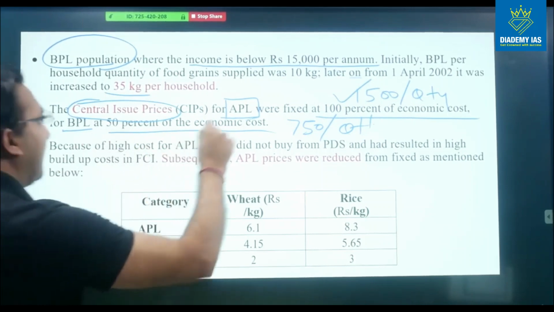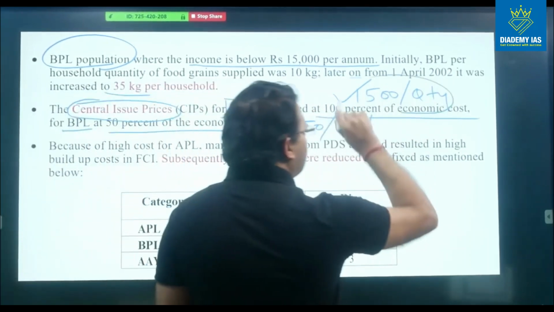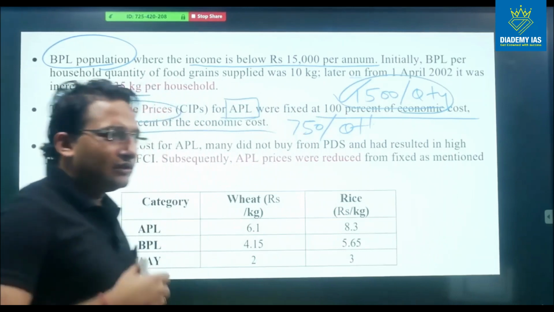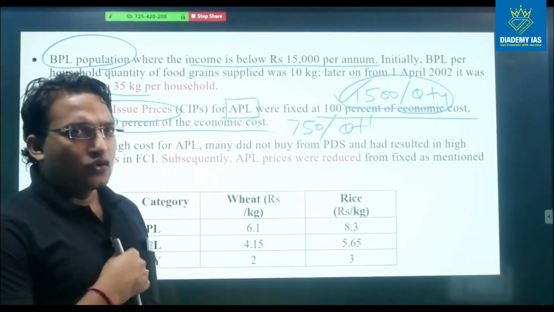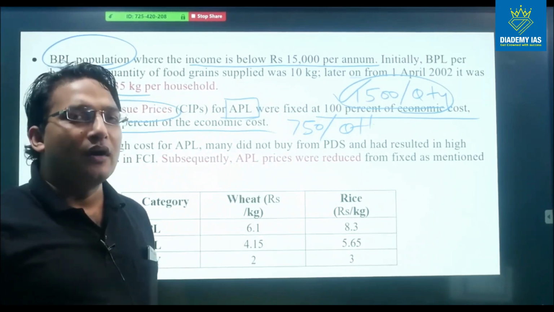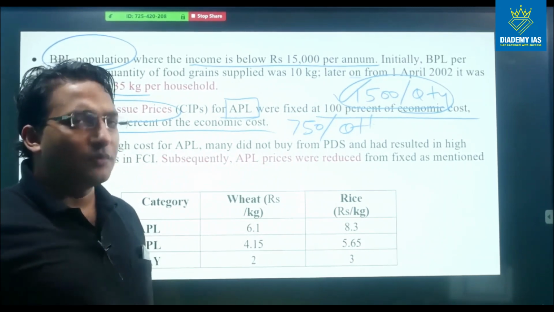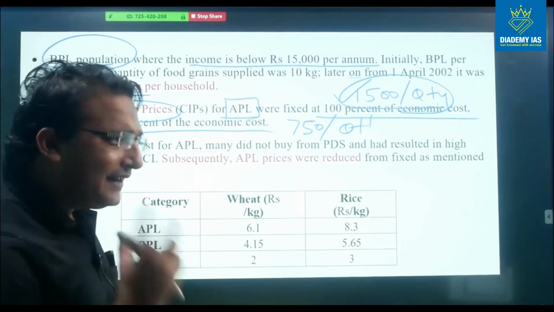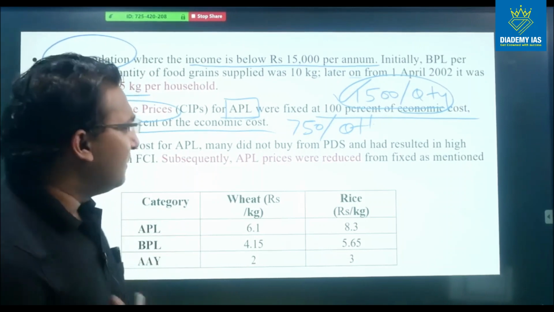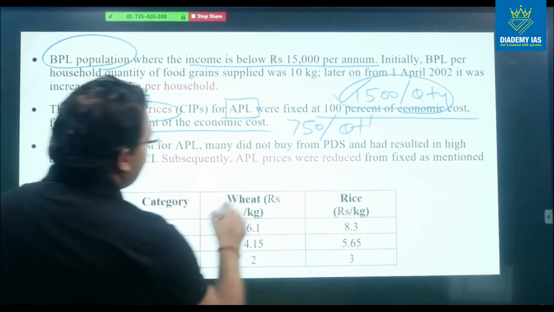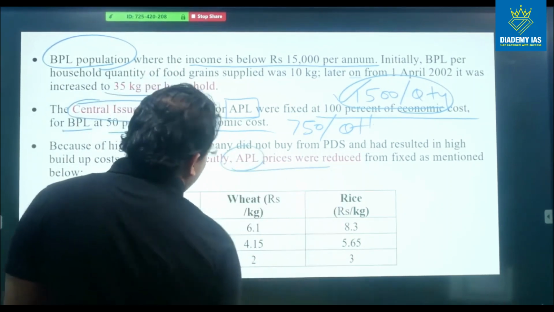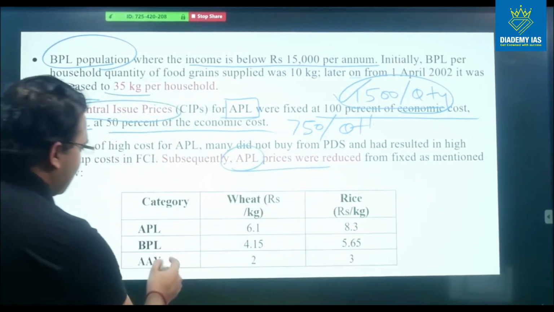Because APL were being charged at the economic cost, which is very much equal to the market price, APL people stopped taking food grain from the PDS because they were not getting any benefit. They stopped taking it from the fair price shops.